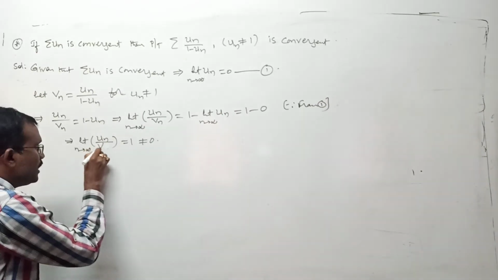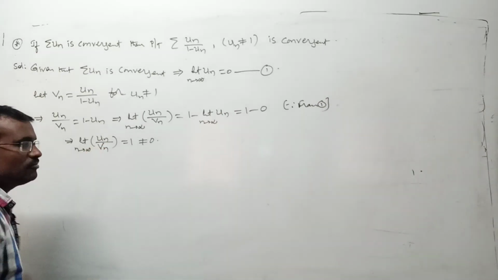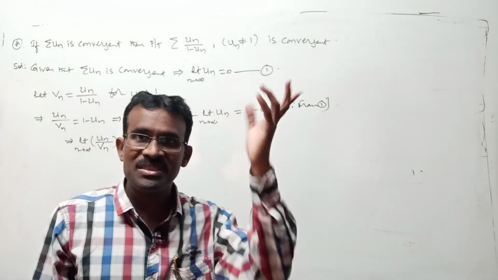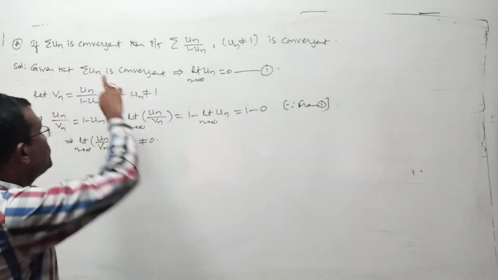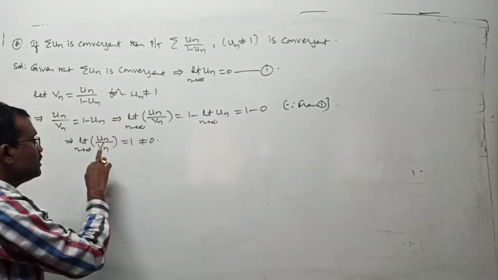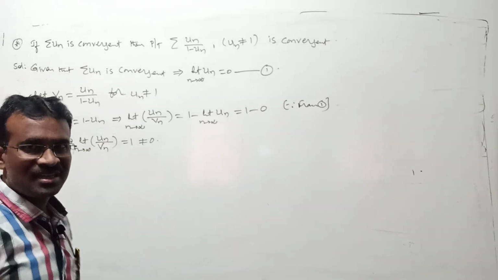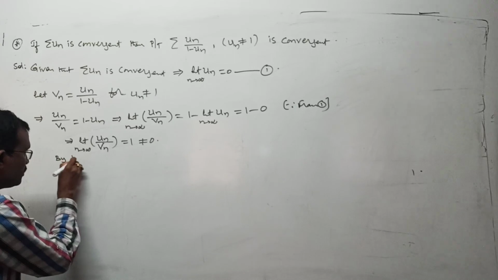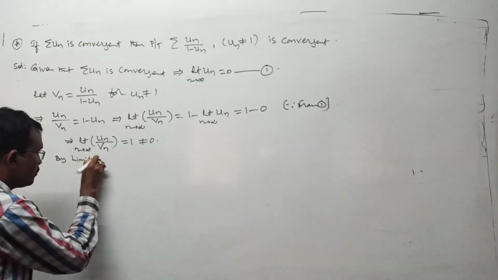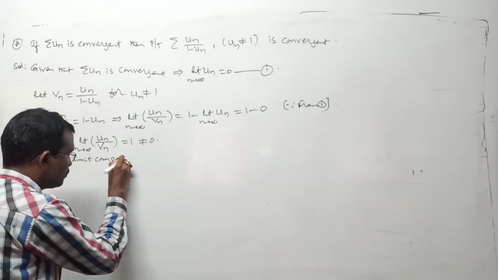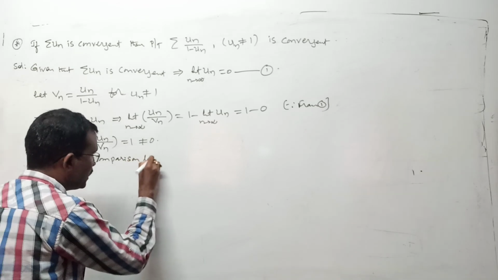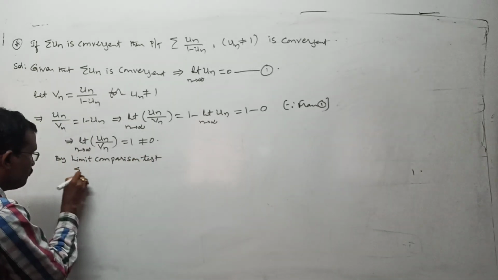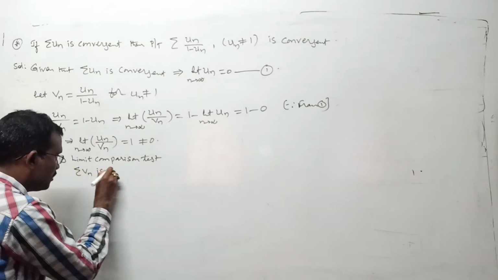Then sigma u_n and sigma v_n converge or diverge together by the limit comparison test. Here already sigma u_n is convergent. Then is sigma v_n also convergent or not? Clearly, I am writing: by limit comparison test, sigma v_n is convergent.